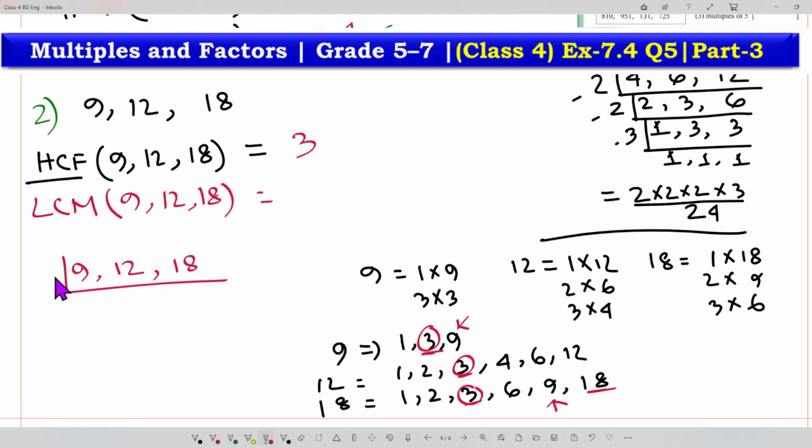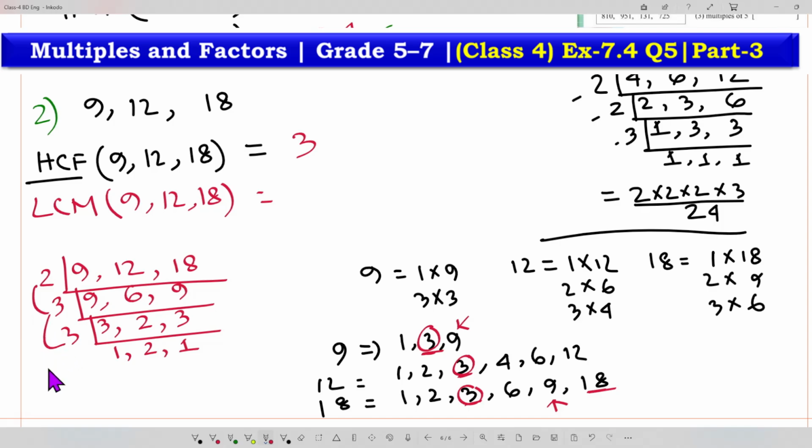First we divide by 2. 9 is not possible, so 9 is placed as it is. 12 divided by 2 is 6. 18 divided by 2 is 9. Now we can divide by 3. So here is 3, here is 2, here is 3. Then we divide by 3 again. So here is 1, here is 2, here is 1. So 2 times 3 is 6, 6 times 3 is 18, 18 times 2 is 36. So our LCM is 36.